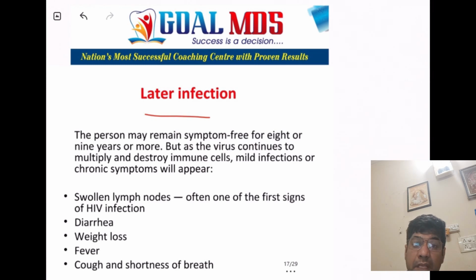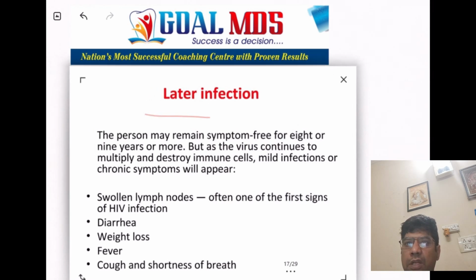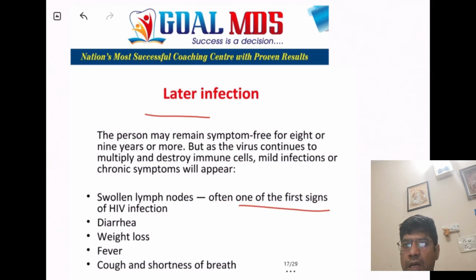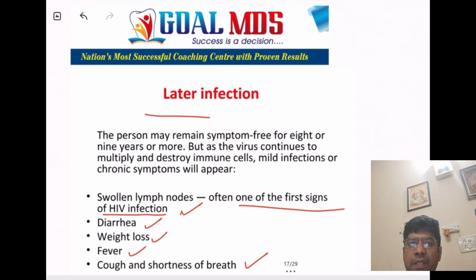During this stage, the individual becomes more susceptible to opportunistic infections and certain types of cancers. Here the patient's symptoms would be swollen lymph nodes, one of the earliest signs of HIV infection, diarrhea, weight loss, fever, cough, and shortness of breath.